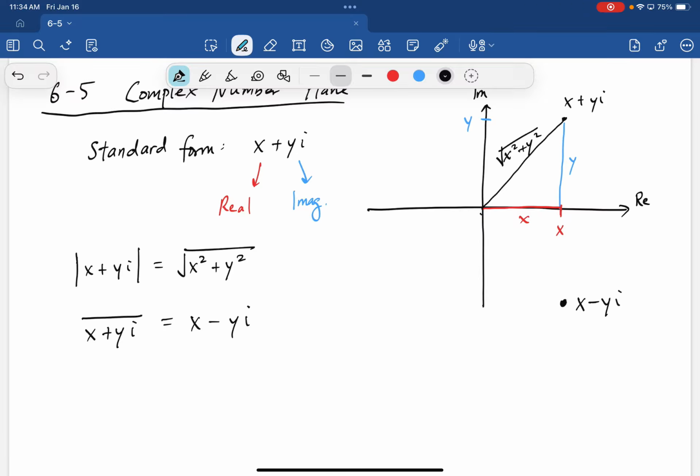Okay, any questions? So plotting complex numbers, finding the magnitude, plotting the conjugate, that's question 1, which I will give you 1 minute to do. One minute to do. Question 1.